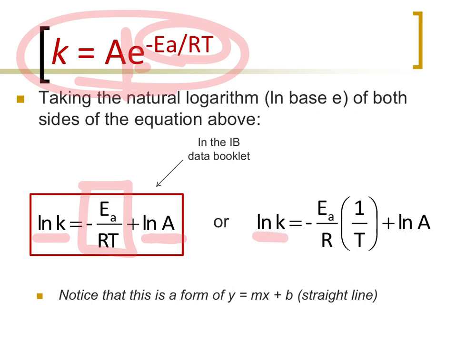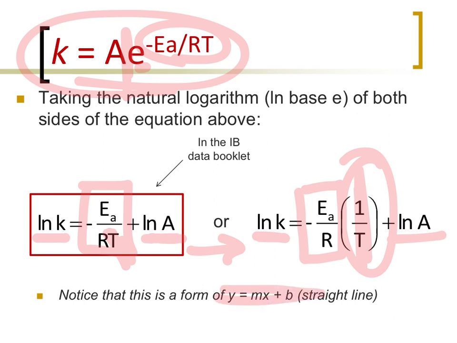We still have the ln of K on the left, and we have this negative EA over R, but we pulled out the T as something separate, keeping it in the bottom, and then we still have the plus ln of A. All I've really done to go from the left to the right is pull out the 1 over T, keeping in mind that the T is in the bottom. What I'm trying to get towards is identifying something I can graph in the form of y equals mx plus b.